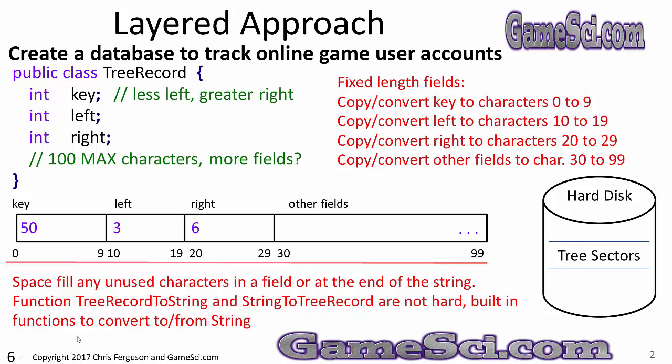We'll use the built-in functions to convert to or from strings. We'll just say, hey, let's take that field and you get these characters in the string. We'll take that field and you get these characters to the string. Most of this work is just converting from one format to another format. We're going to take integer fields and convert them to string characters.